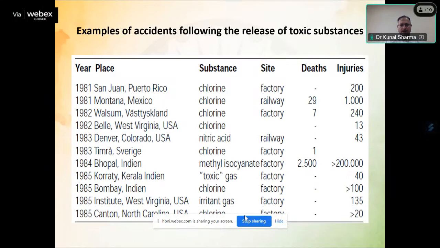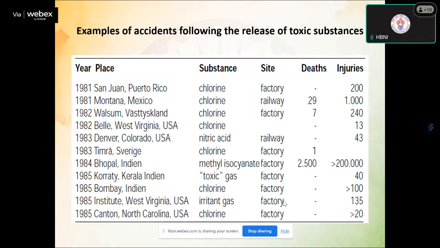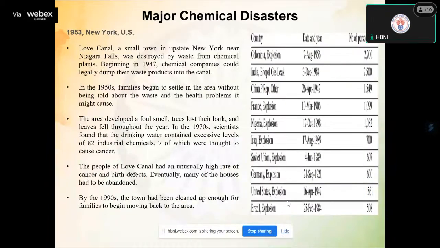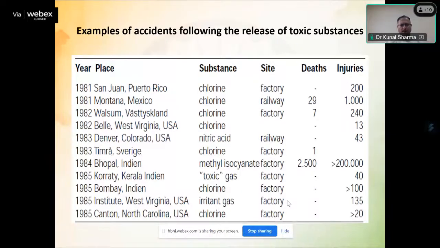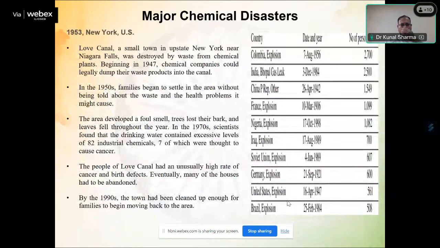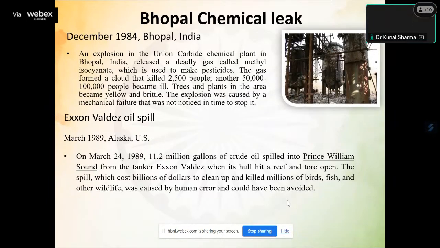It's not moving, not working again. Next, major chemical disaster. Now it is working.